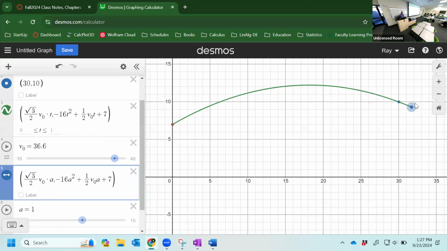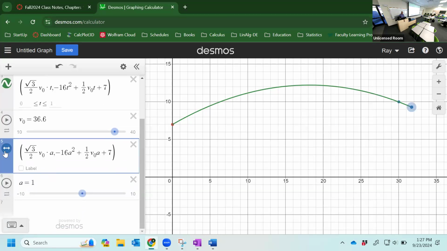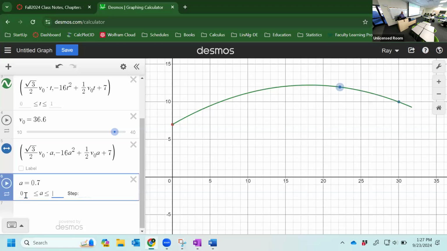So this is my point. Let's draw this point. This is in blue right now. So right around here is probably the maximum. So if we solve for that, we get about 5.8.